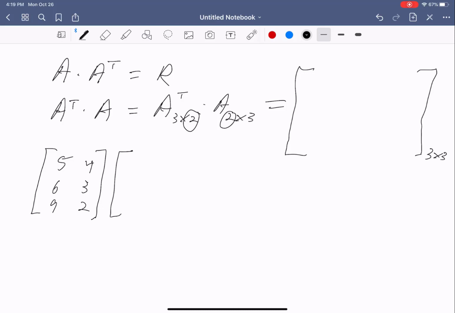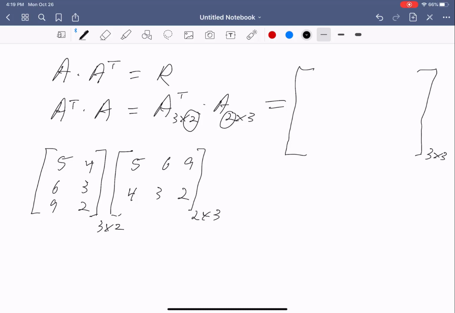And we get here 5, 6, 9, 4, 3, 2. All right, so this one is 3 by 2, and this one is 2 by 3.